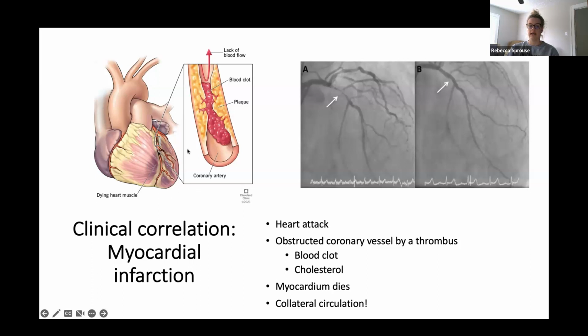Now, I said sometimes if there's a blockage, you can have some rerouting of blood vessels, formation of new blood vessels. But this specific artery is a very big artery. So that would be a lot of collateral circulation to account for. But in some smaller vessels, that's definitely the case where you may not have as severe of an outcome.